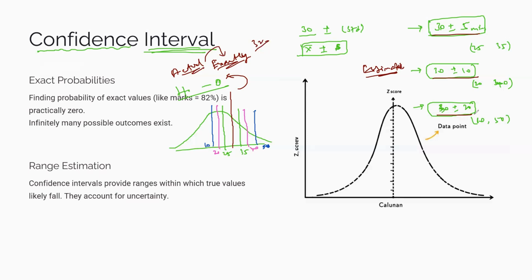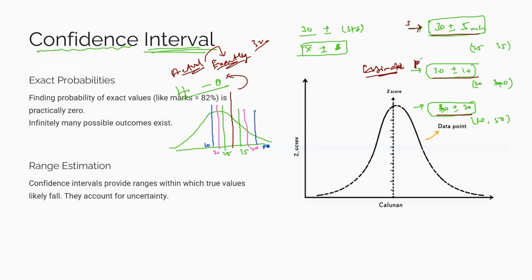Okay. So what would be your answer? 30 plus or minus 5. Okay, this is Sri Kundana's option. Others, I want everybody to answer, please. 30 plus or minus 10, because it'll have more buffer.